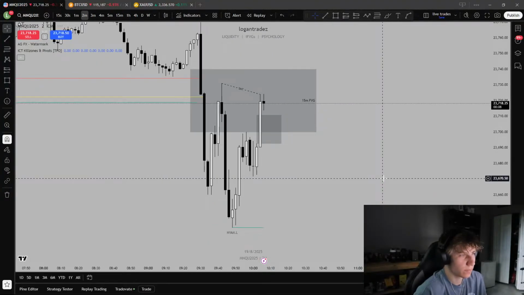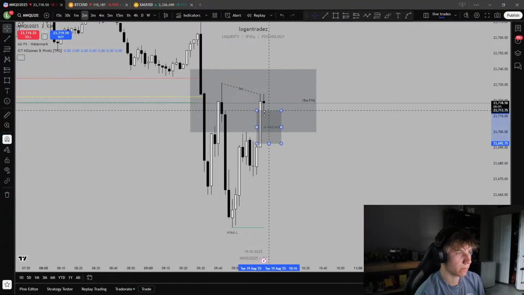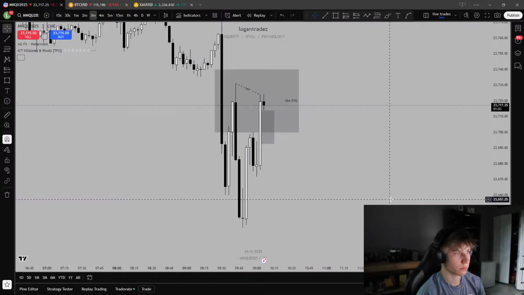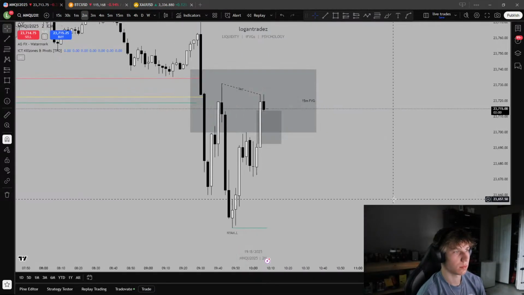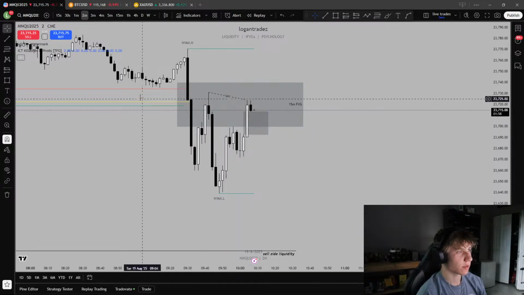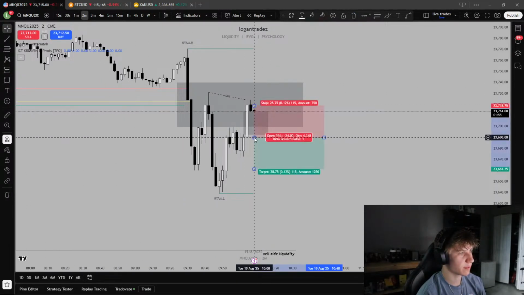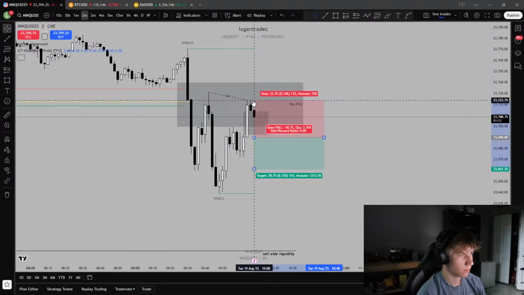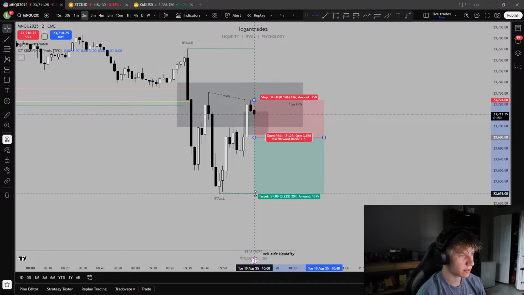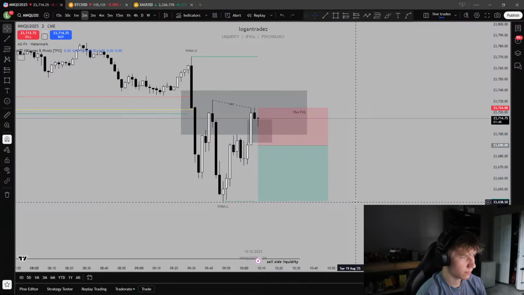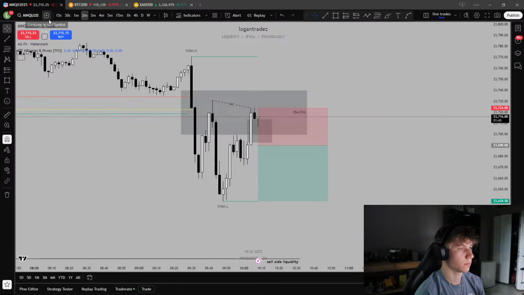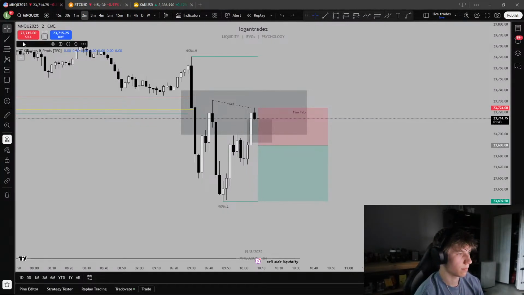Okay, so we're about to get a 2-minute gap here. So we formed a possible 2-minute here, delivering off the 15-minute. SMT at the highs. Or break even at the lows. Or SMT at the highs.